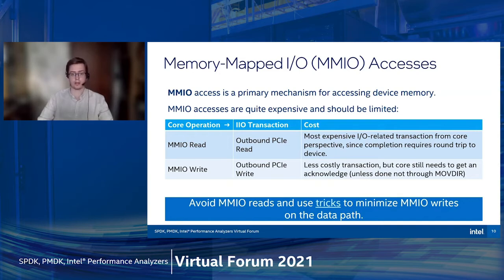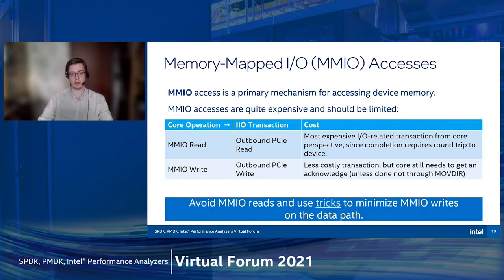MMIO writes are translated into outbound PCI writes, and they are less costly, but still the core needs to wait for some acknowledgement from the platform. So you need to minimize these MMIO writes and perform bulk data movement with Intel DDIO transactions.